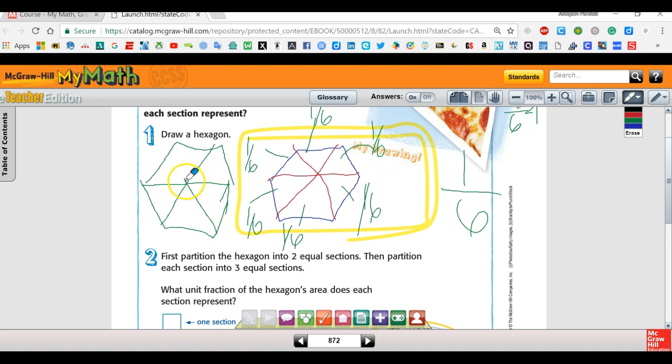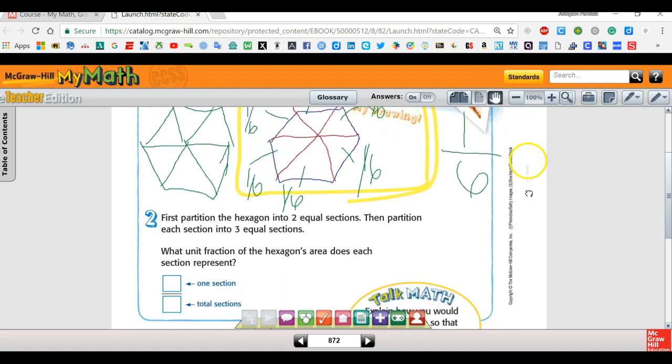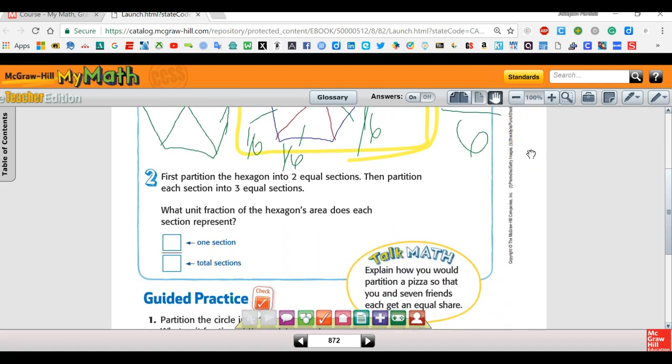And then make another section here. There you go. You partition it into 6 sections. What unit fraction of the hexagon area does each section represent? 1/6. There are 6 sections total, and there's one. Each section represents 1/6.